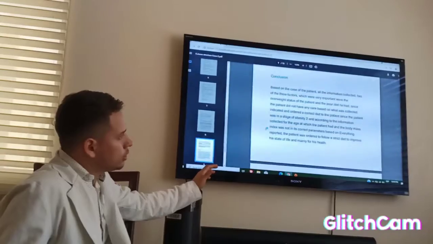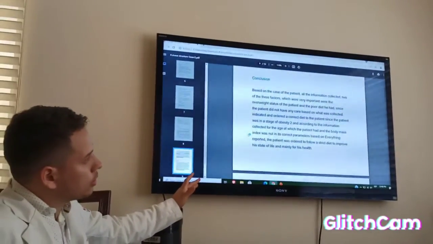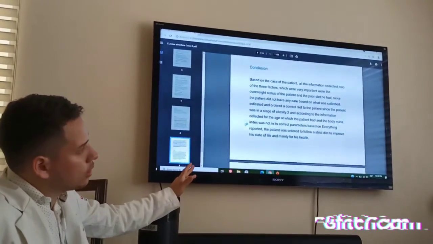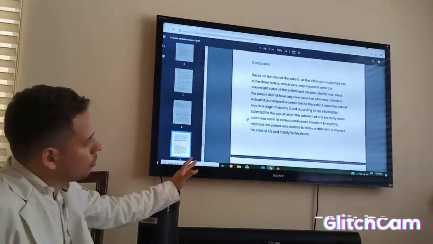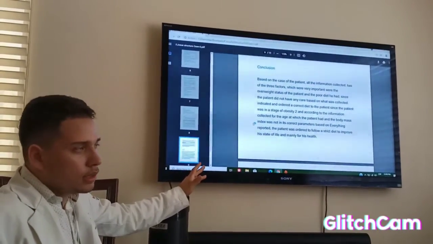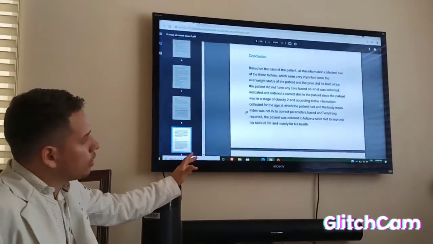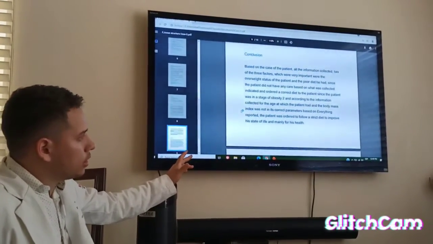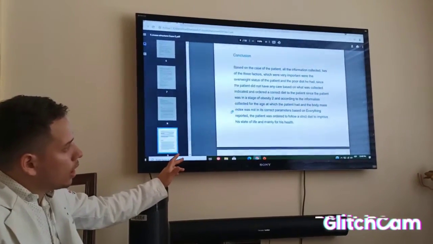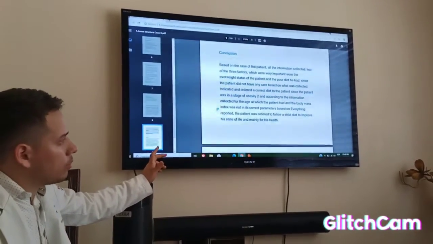The patient was in a stage of obesity, and according to the information collected for the age and the weight, the body mass index was known with correct parameters.